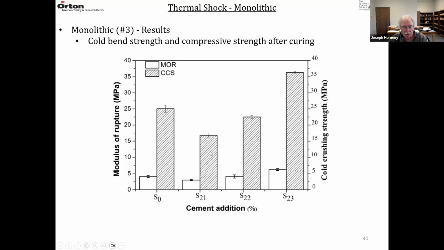So ceramics in general, refractories included, the compressive strength is usually 5 to 10 times more than the bending strength. So they're much stronger in compression than in tension. So you can see the modulus of rupture in MPa is all around 5 or a little bit higher. And then the cold crushing strengths are much higher, from 15 all the way up to 35 MPa.